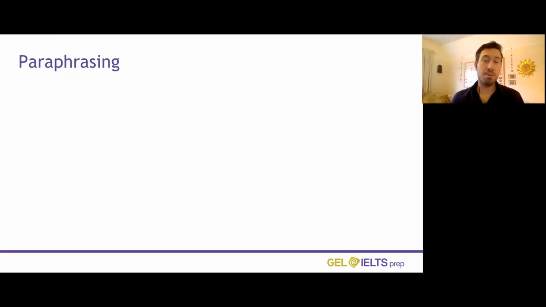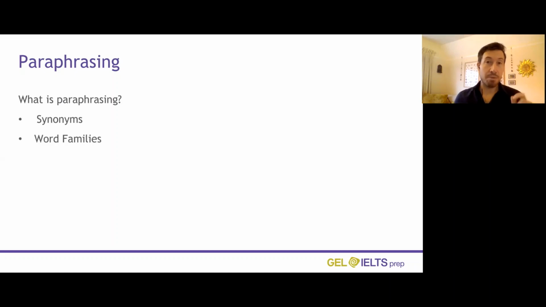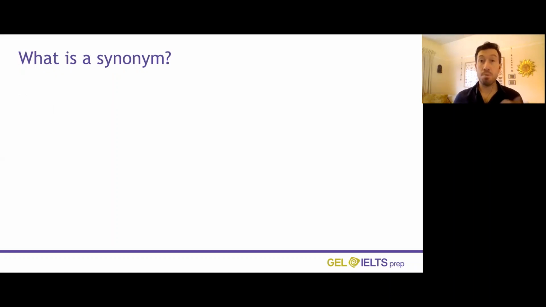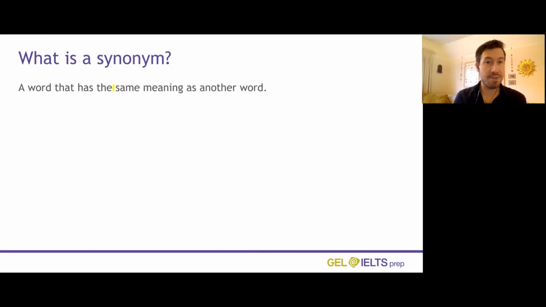Now let's look at that other point that came up in the marking criteria, which is paraphrasing. So what is paraphrasing? Well, paraphrasing is using synonyms and word families, and we're going to look at what those two are now. So what is a synonym? A synonym is a word that has the same meaning as another word.